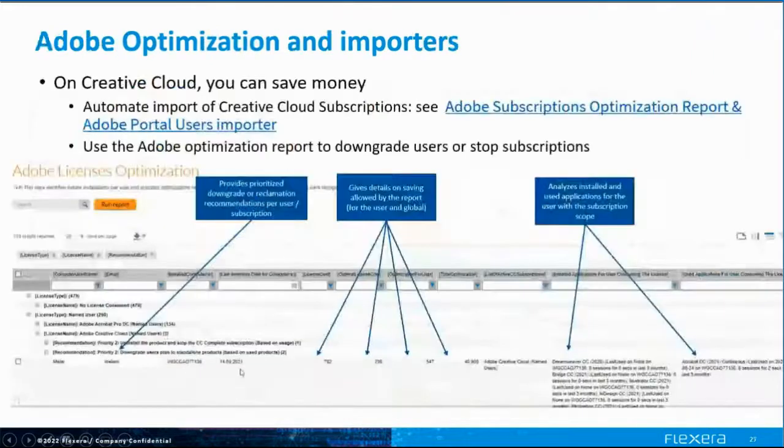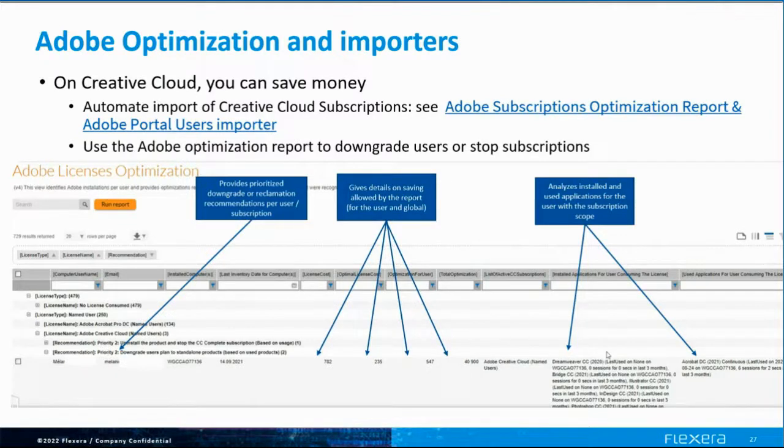The report on Adobe has exactly the same angle: let's show the user, let's show the machines where the user has installations which are consuming the subscription. Let's understand how much the subscription costs, the installed applications, the used applications, and based on a downgrade path, which needs to be calculated and will be a little bit hard-coded in the report.